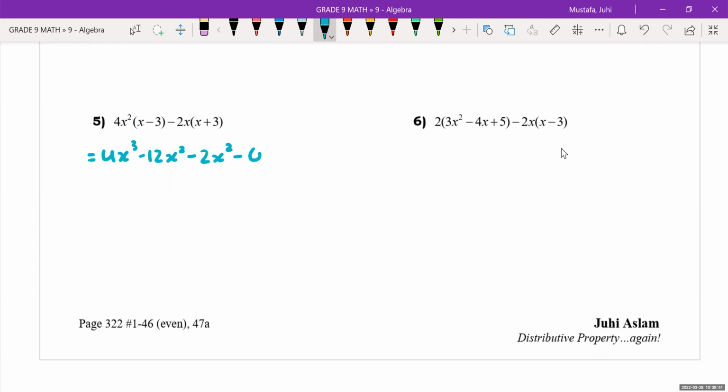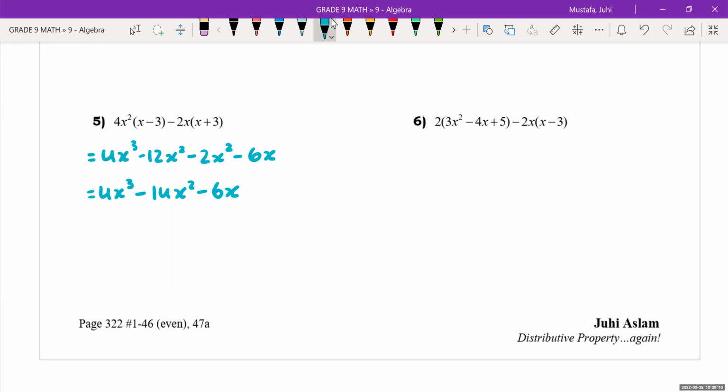You want to just keep going? Yep, you're perfect. Now, what are the like terms that I can add? Yep, so it's going to be 4x cubed minus 14x squared minus 6x. And can I add or subtract anything else? No, these are all unlike terms. That's all you can do.